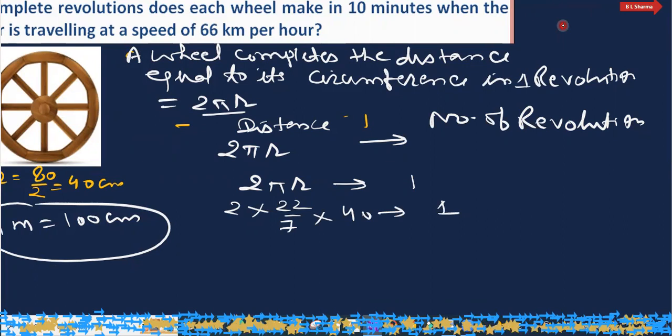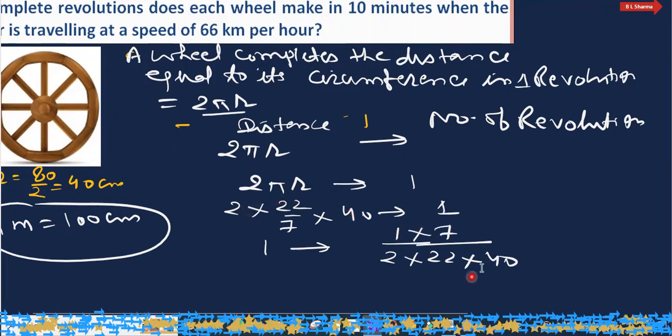If it is by unitary method, if it travels distance 1 unit, then number of revolution will be 1 upon 2 into 22 into 40 into 7. इसको हम डिवाइड कर देते हैं। लेकिन हमने कितना डिस्टेंस कवर किया है?